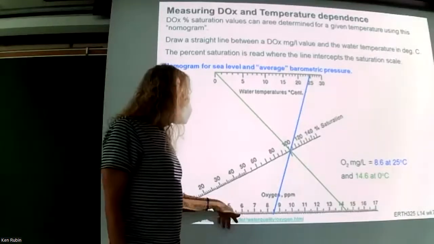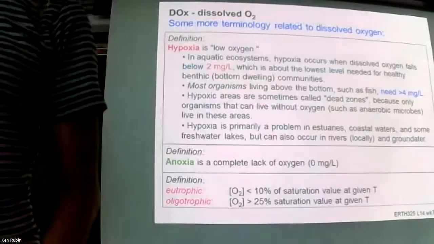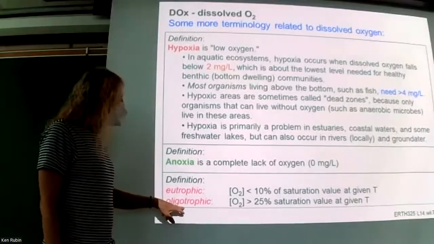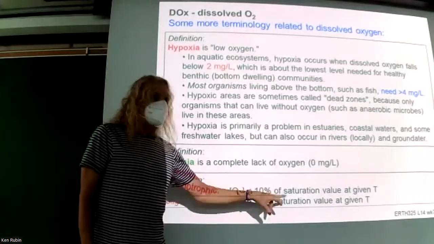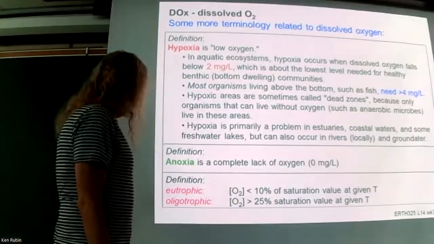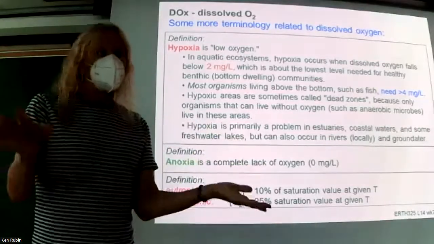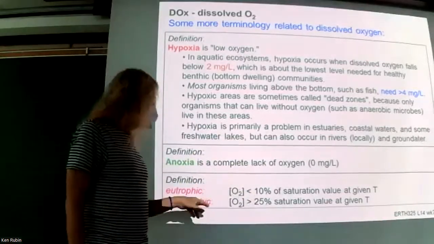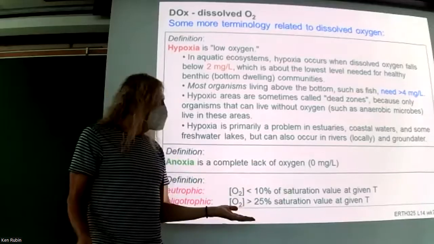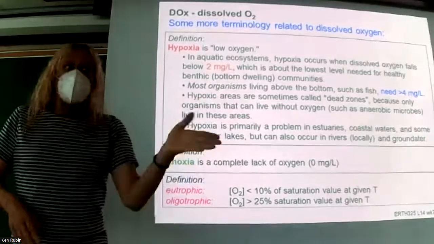So this is why people have kind of migrated away from this eutrophic, oligotrophic terminology. Oligotrophic means there's at least 25% of the saturation value at a given temperature. Okay. And if you think about that, 25% of 8.6, which is the 25 degrees C saturation value, is something like 2.15 or so. So it kind of matches up with this. These are at 25 degrees C.